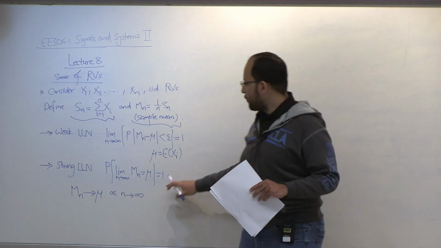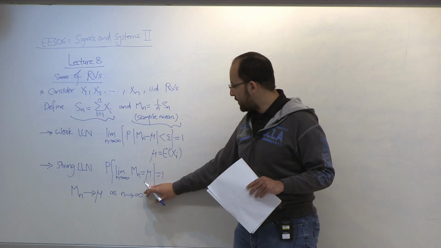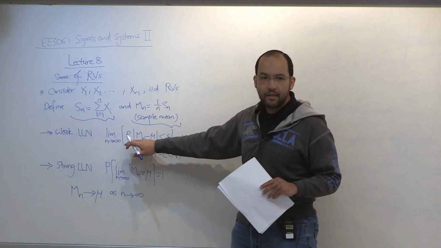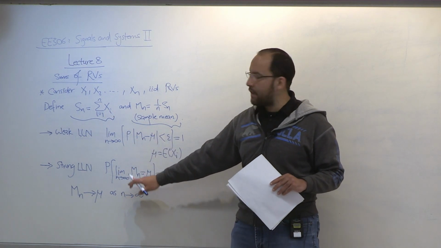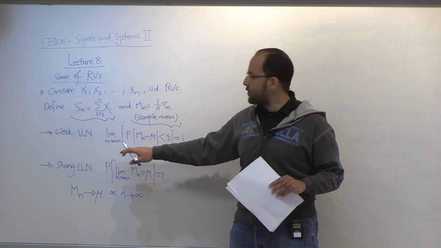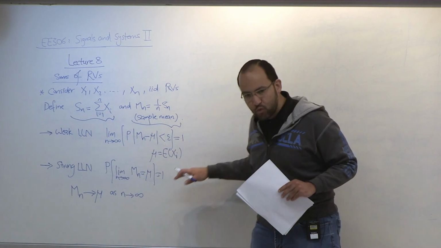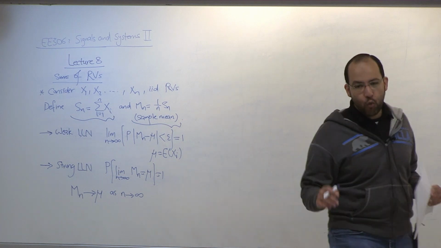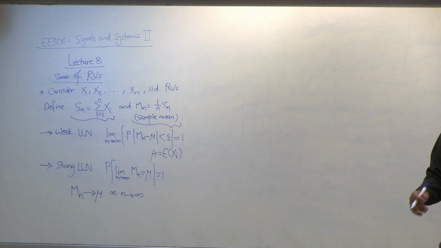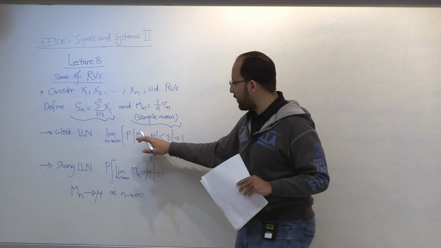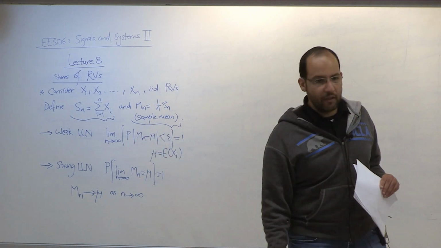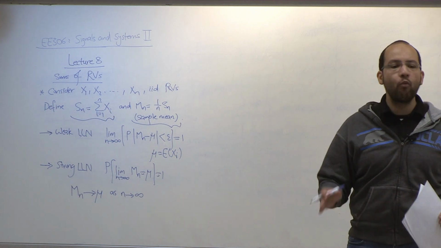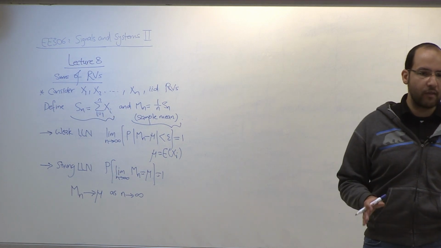And this one is also telling the same thing, but this is a stronger law than this one because of two reasons. The first one is this is the probability of the limit, not the limit of the probability. So this probability is 1. This gives you a sure statement, not a limit statement. So that's why this one is stronger than this one. Another reason is it doesn't have an epsilon. It tells you that the probability that the limit will become mu is surely 1, 100%.